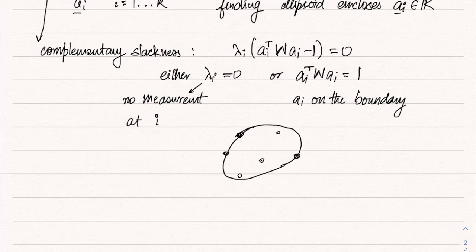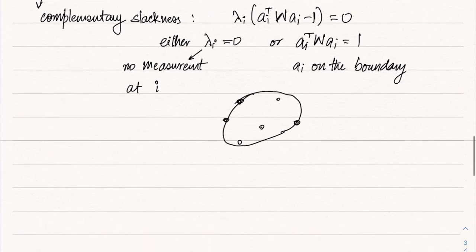You don't need to make measurements at all the points that are strictly inside the ellipsoid, and you only need to make measurements that are at the boundary of the ellipsoid. So that's another interesting facet of this problem, which is revealed by analyzing the dual of the problem.